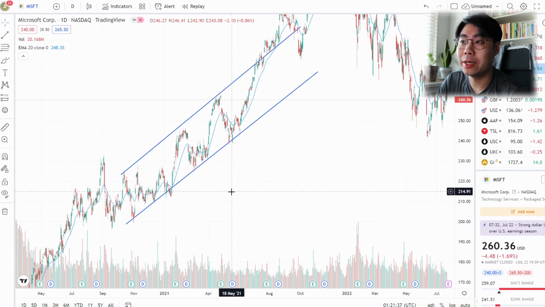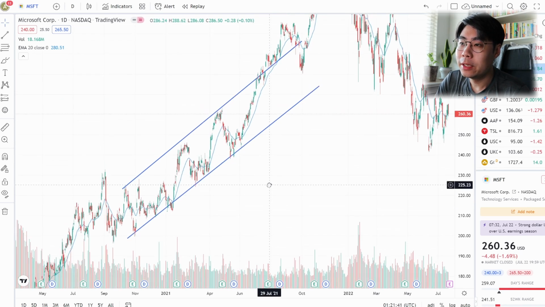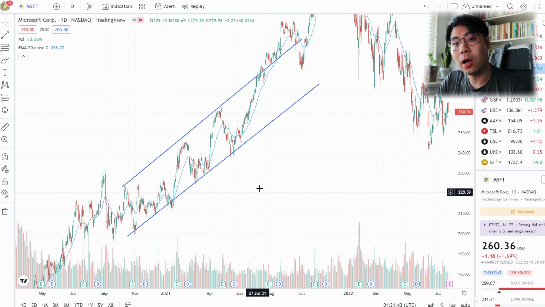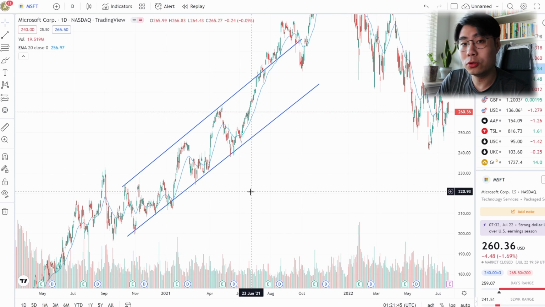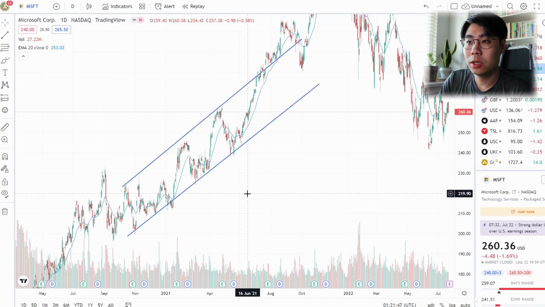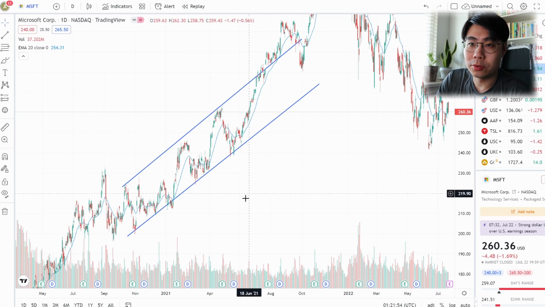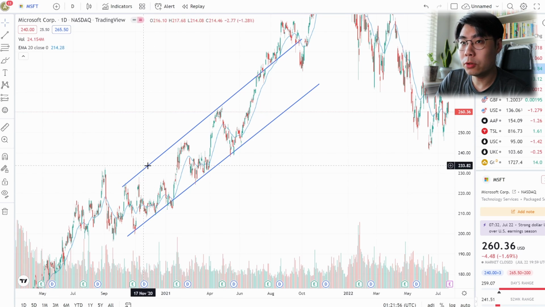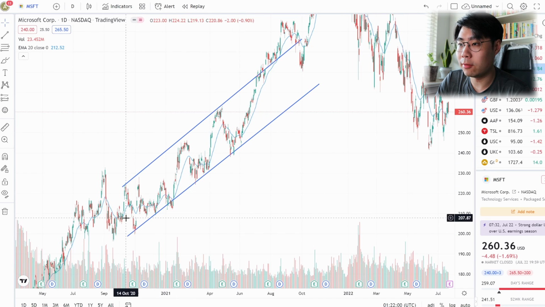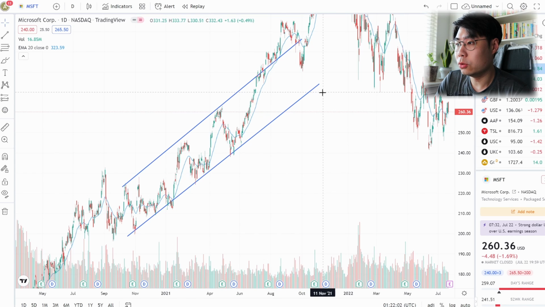But I wanted to show an example that's not perfect to give you an idea that trend is part of the analysis that we can use to gauge the structure and the movement of the prices, but it doesn't ultimately determine your strategy, right? So in this case, we see Microsoft, and this is between a period of October 2020 to about November 2021.